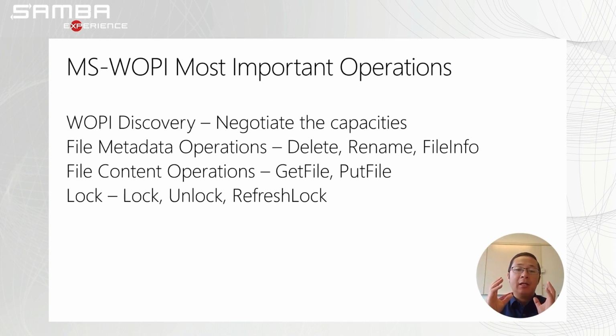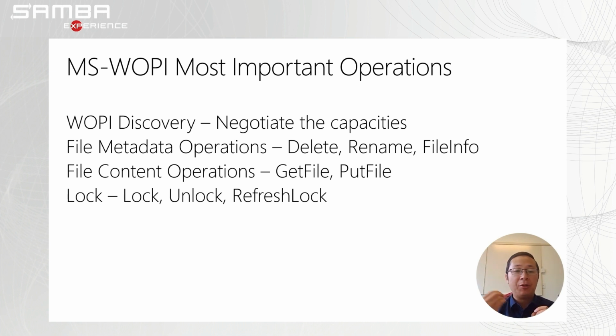So to get the cloud storage and the Office Online server aligned, we have to negotiate the capacity between these two servers. That is WOPI discovery. It only needs to happen once, when we set up the connection between the Office Online server and the cloud storage.